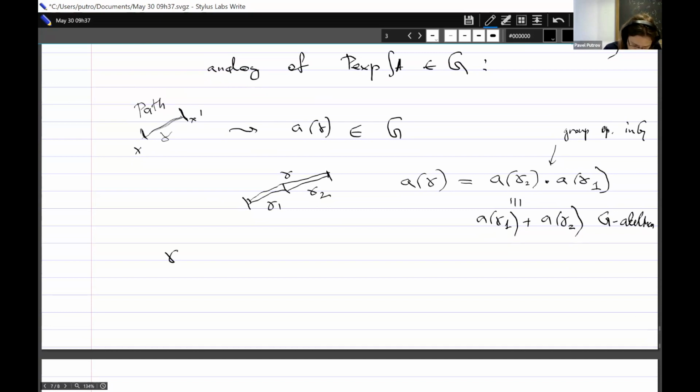The path γ here can be understood as a map from a one-simplex to M, our space-time.